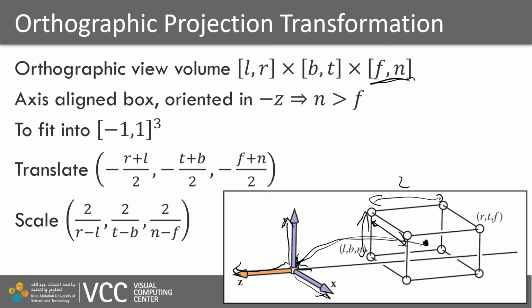You see that this point has its x coordinate in the middle between left and right, so the left plus right coordinate divided by 2. So it's an average value of these two coordinates in the x dimension.